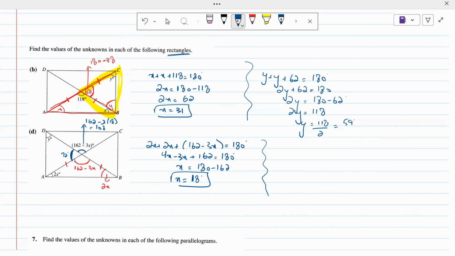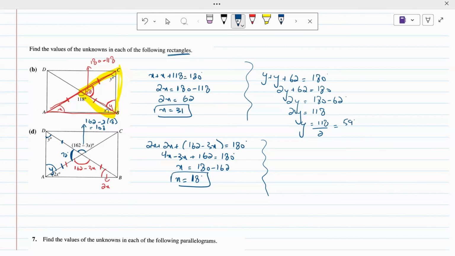Here again, we know that inside the triangle when diagonals intersect, we have an isosceles triangle. This side and this side are the same, so this angle will also be y for us, because this is y.